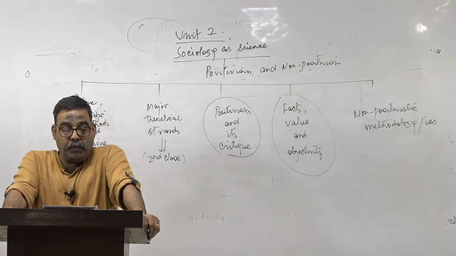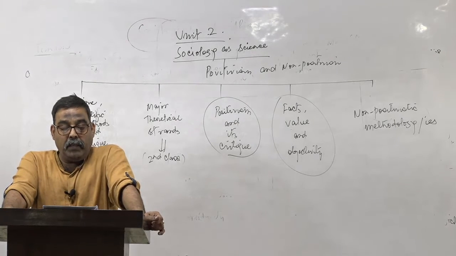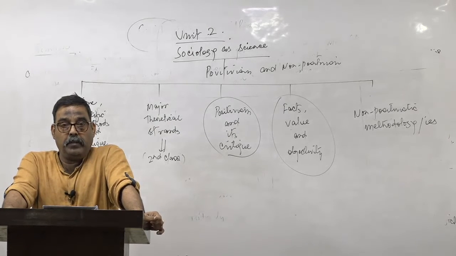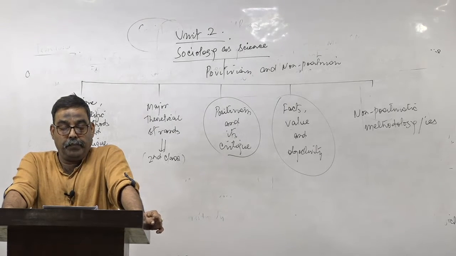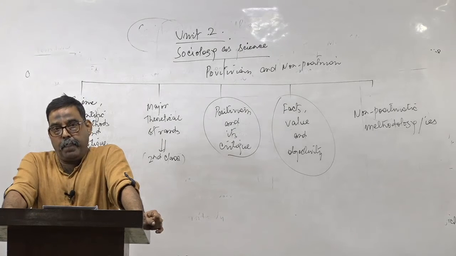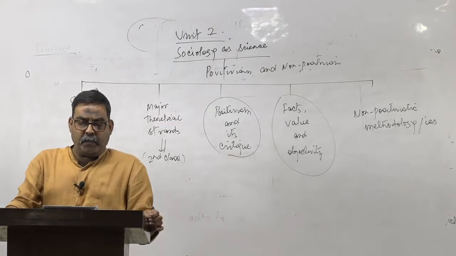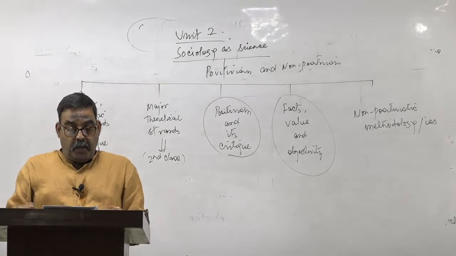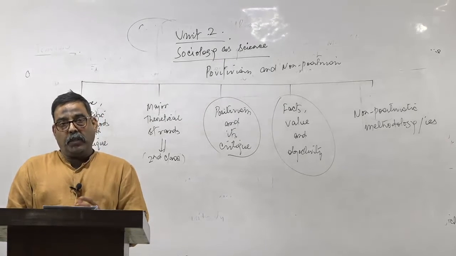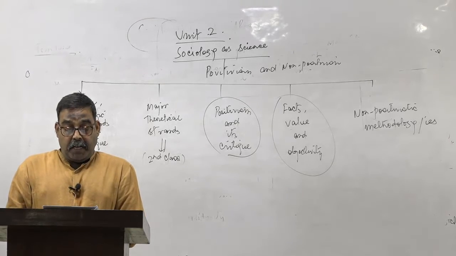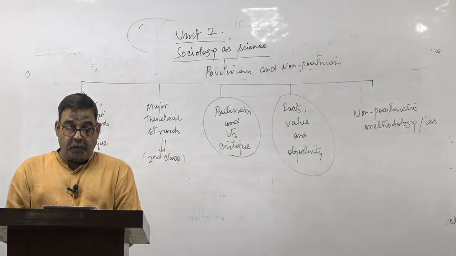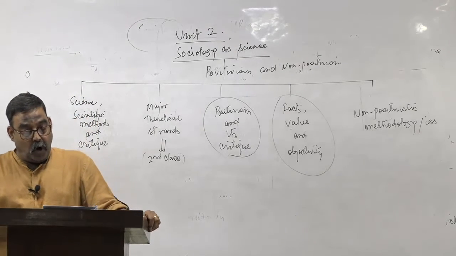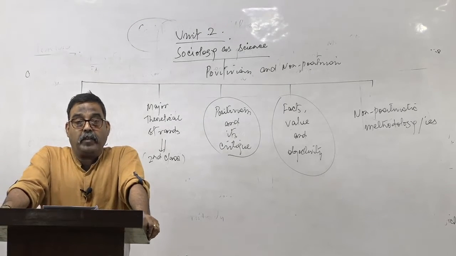So I repeat a few lines: the empirical, theoretical perspective, logicality, cumulative knowledge, and neutrality. If such things are there with any discipline, it will be equated with science. If I quote W.F. Ogburn, he argued that sociology is a science which could be evaluated on the basis of reliability of knowledge, organization of knowledge, and methodology.